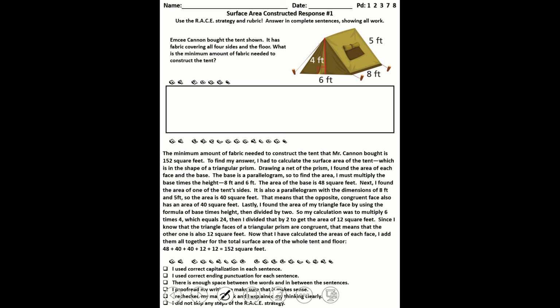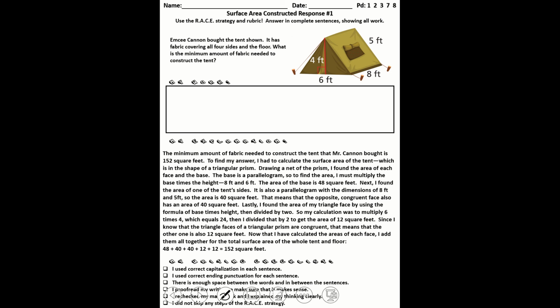Lastly, I found the area of my triangle face by using the formula of base times height, then divided by 2. So my calculation was to multiply 6 times 4, which equals 24. Then I divided that by 2 to get the area of 12 square feet. Since I know that the triangle faces of a triangular prism are congruent, that means that the other one is also 12 square feet.